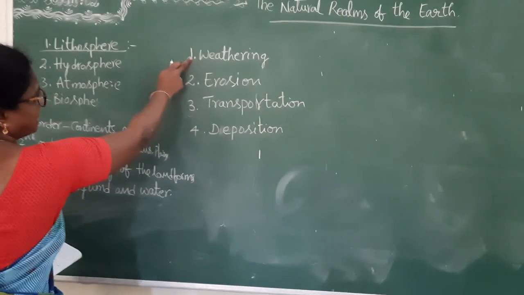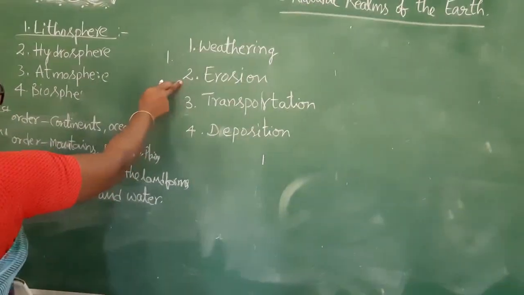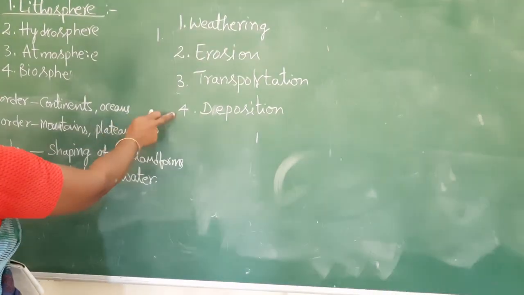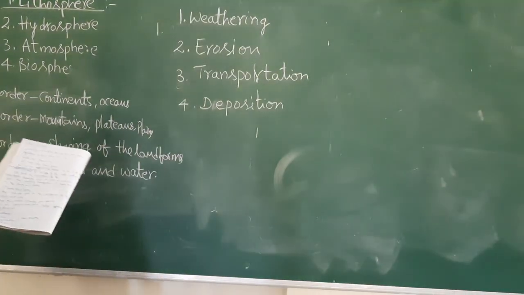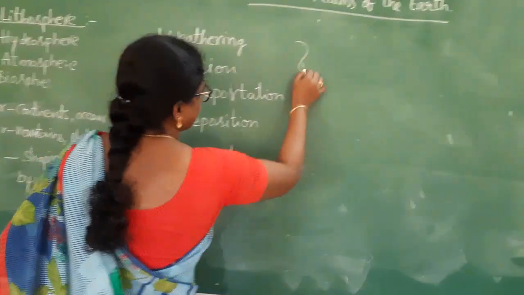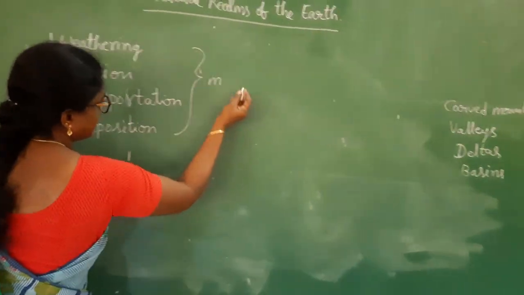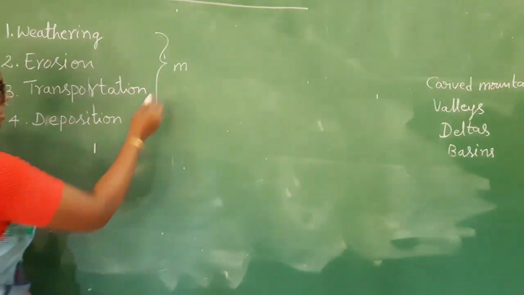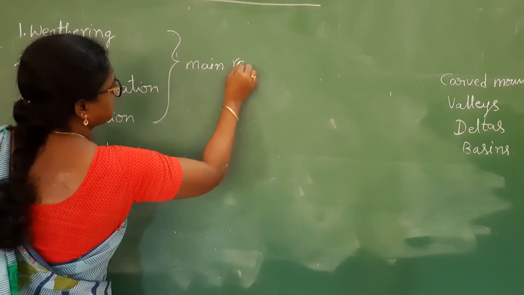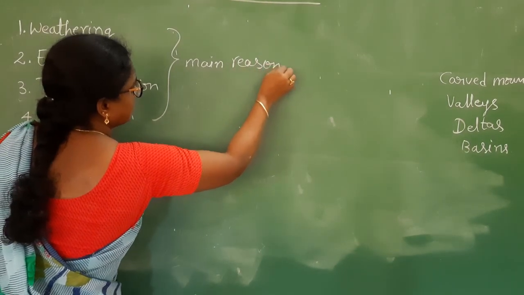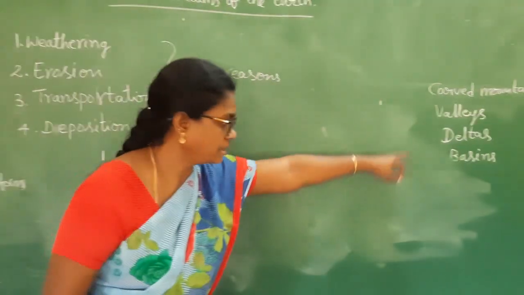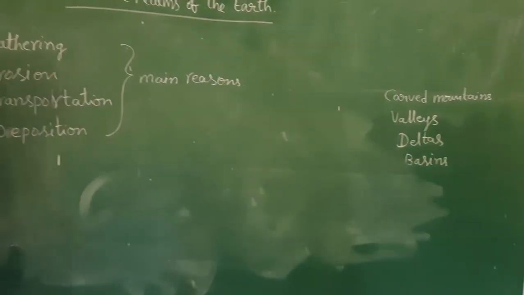First one, weathering. Second one, erosion. Third one, transportation. Fourth one, deposition. These are the main reasons responsible for making these third order landforms.